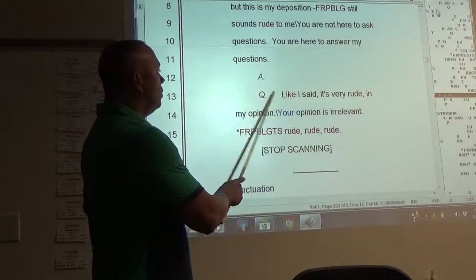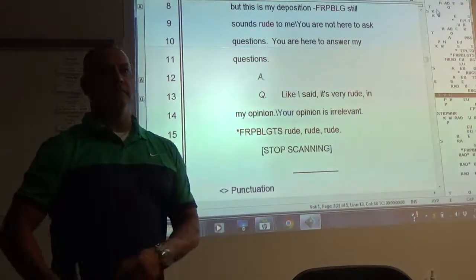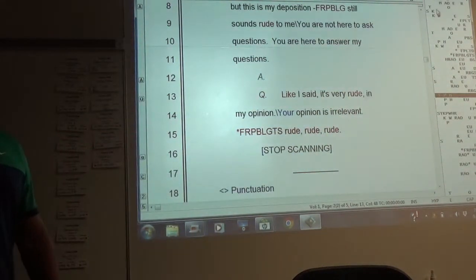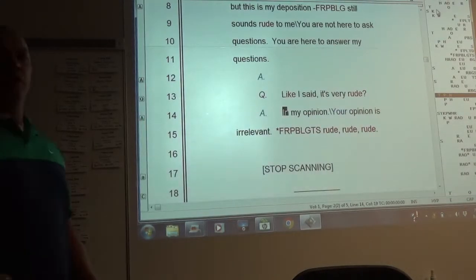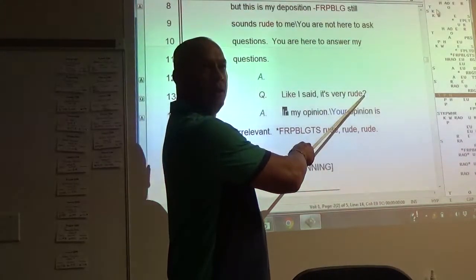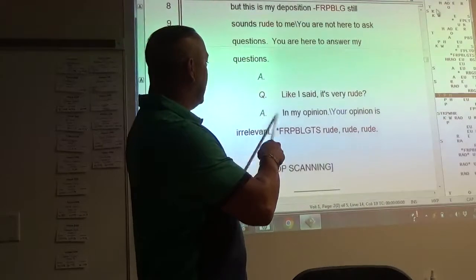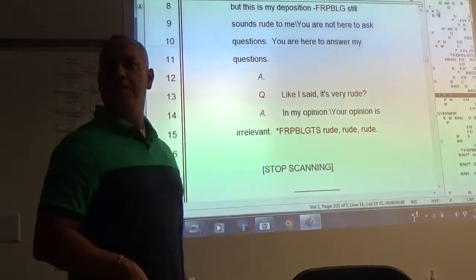You're in the queue. Answer started right there. There's a comma. This is when you would use F4, because you need your answer. See what it did? Took the comma away, put the question mark there, because it knows that it's a question. Puts the answer, cap, ready to go.